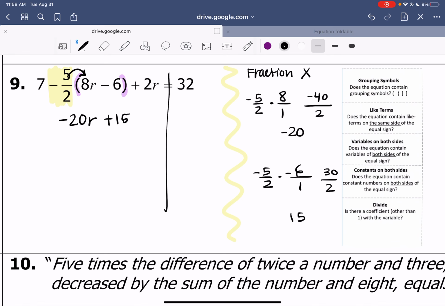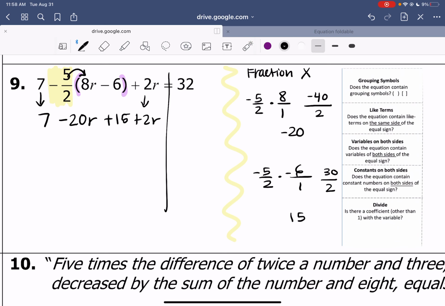Then I'm going to bring down what's left, plus 2r, and then over here I have a +7. Again, when you're multiplying fractions, you don't have to find a common denominator. You just multiply the numerators across and the denominators across, and then simplify.